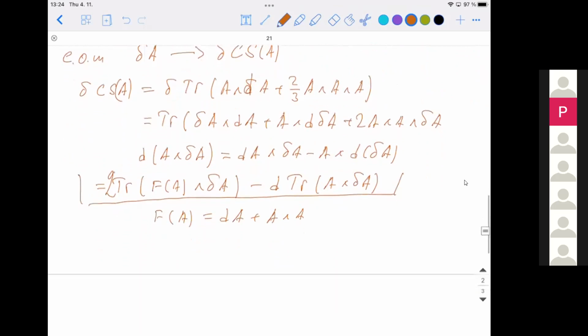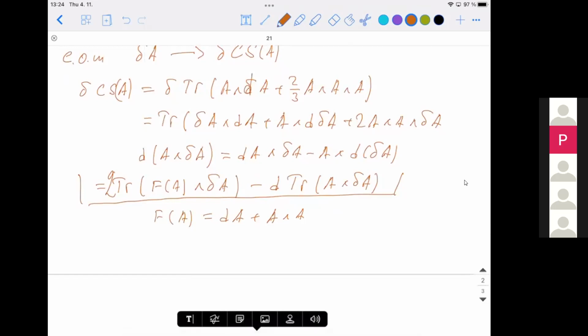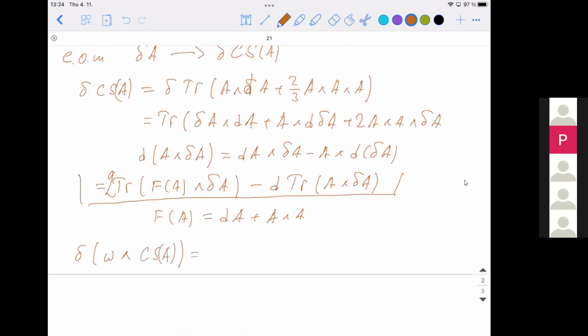We want to write down the variation of omega wedged with Chern-Simons of A. So this is just omega and 2 trace F_A delta A, and then omega d trace of A wedged delta A.